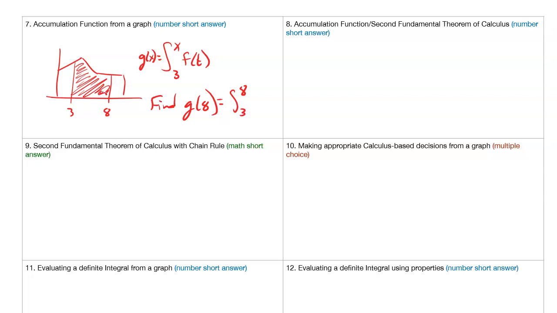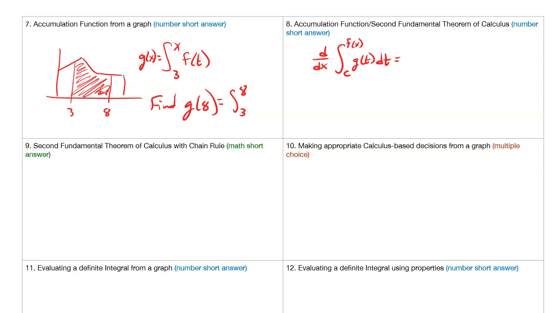Number 8, accumulation function, second fundamental theorem of calculus. So the second fundamental theorem of calculus part of this directions tells me that we will be doing the derivative of a definite integral. Now, the actual formula for this looks terrible, but if you go back and look at the questions, they're fairly easy.